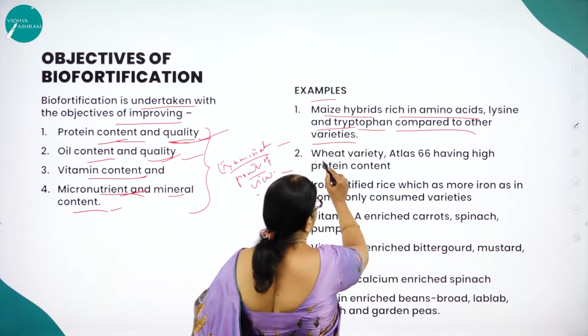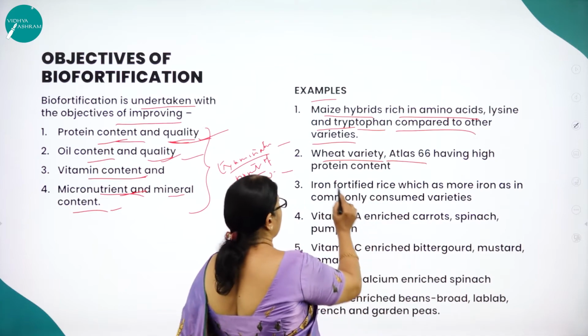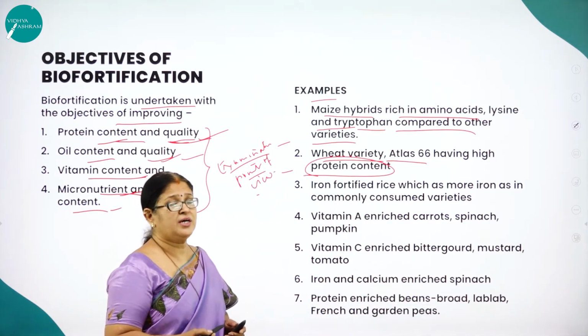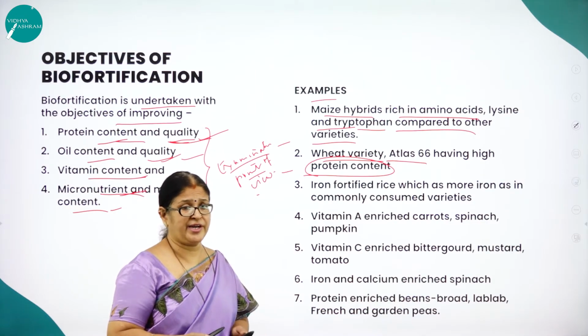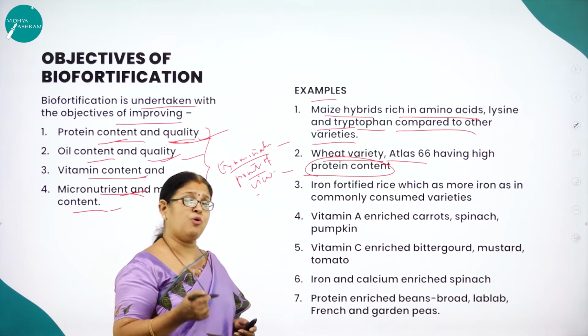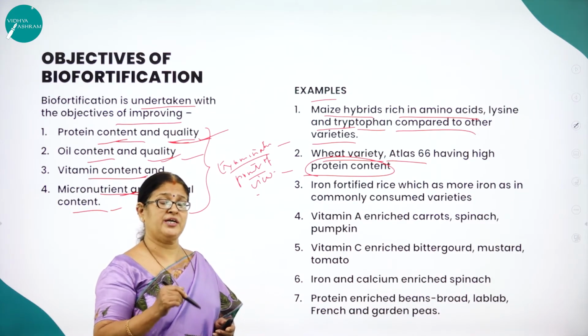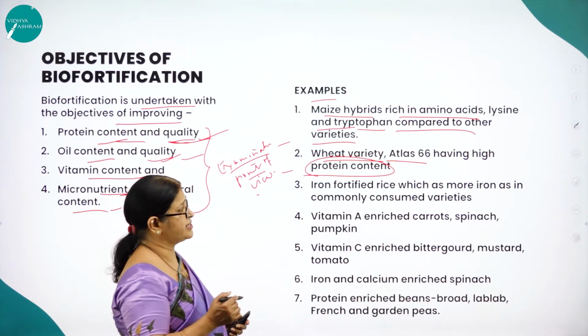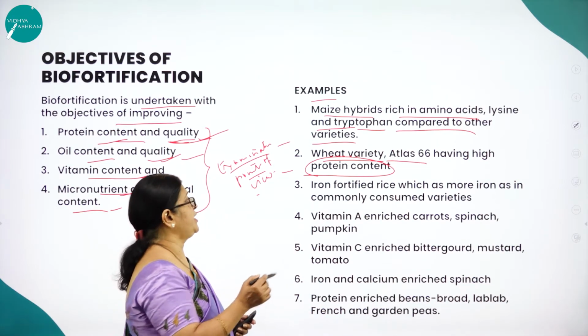Next, the wheat variety Atlas 66, having high protein content. All these are staple foods, which we have in our daily life, but here the quality of the carbohydrate and protein content should be better.